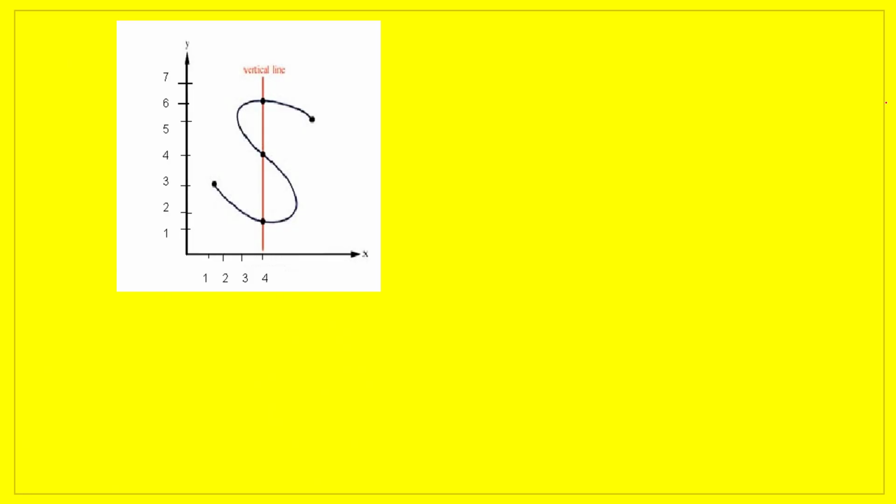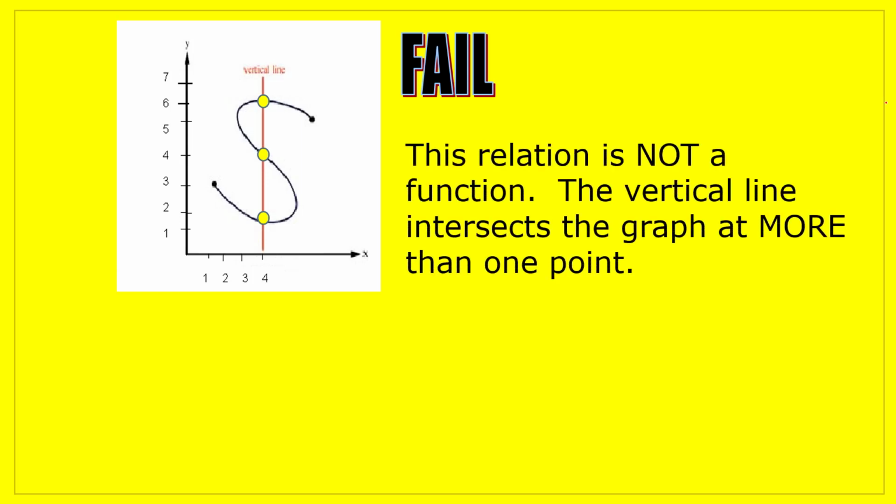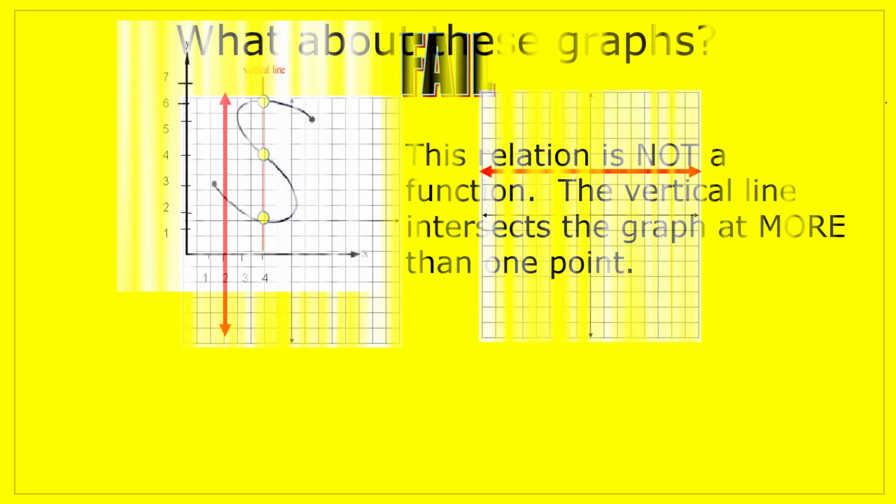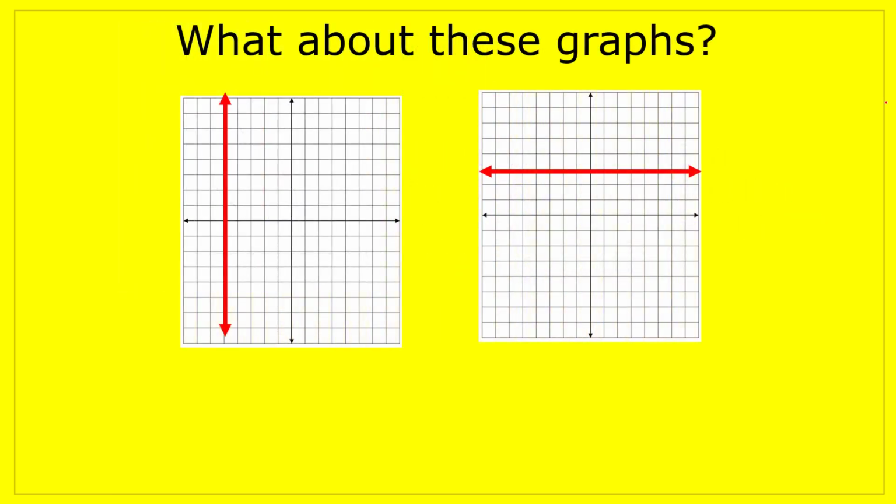Well, how about this one? Oh, fail. We see that the line intersects the graph at 3 locations. And as such, this relation is not a function. The vertical line intersects the graph at more than one point. What about these graphs?